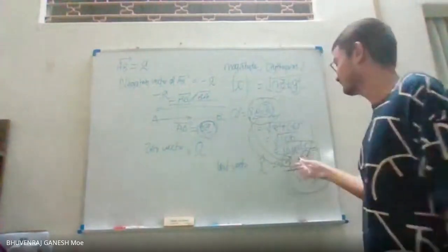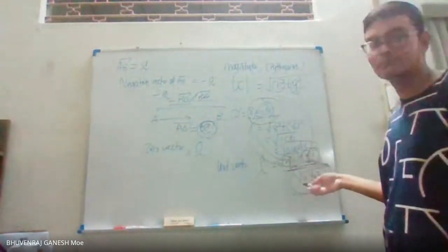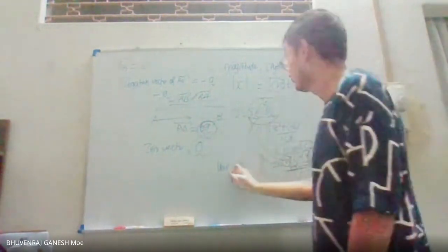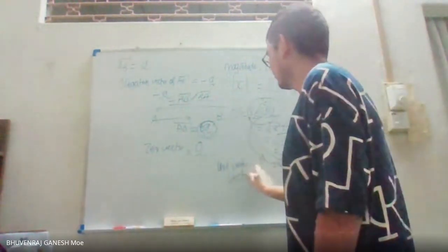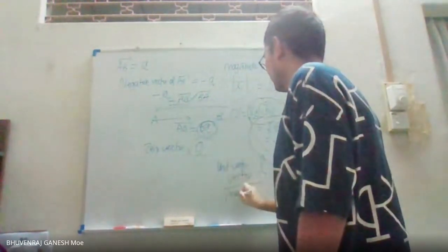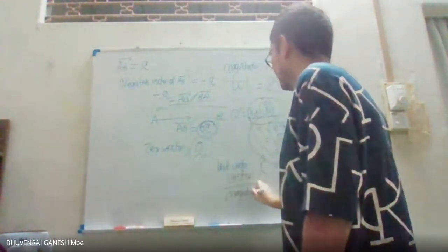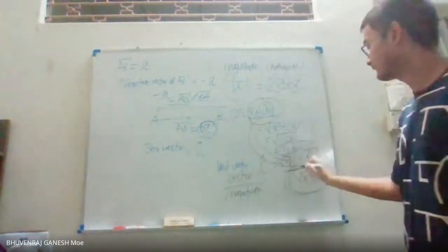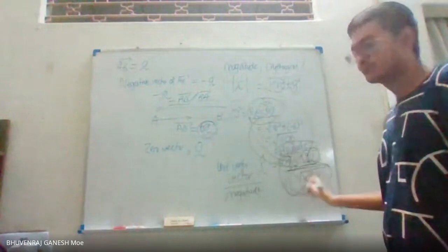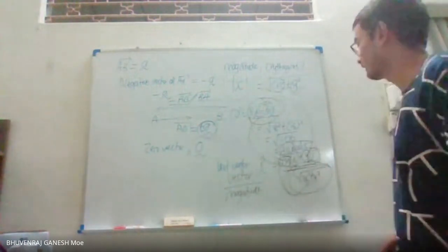So this one is basically the vector over magnitude. That's how you memorize the formula. It's a vector over magnitude. That's why they put that square root of x square plus y square. It means the value you get on top here, 10, you sub inside here. So that's how the formula comes from.